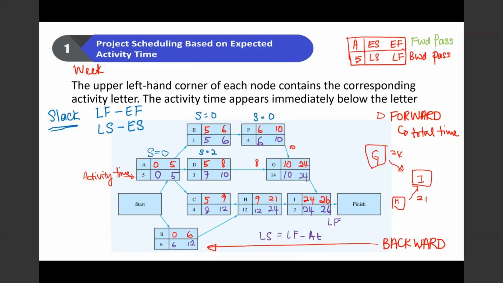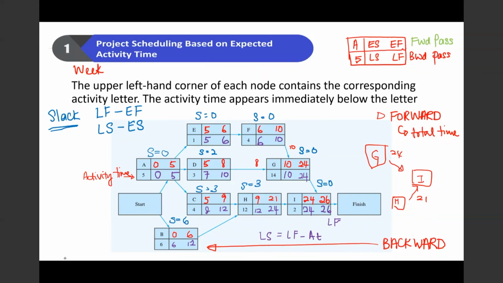Slack of activity C, 8 minus 5 is 3. Slack of activity H, 12 minus 9 is 3. Slack of activity I, 24 minus 24 equals 0. Slack of activity B, 6 minus 0 equals 6.